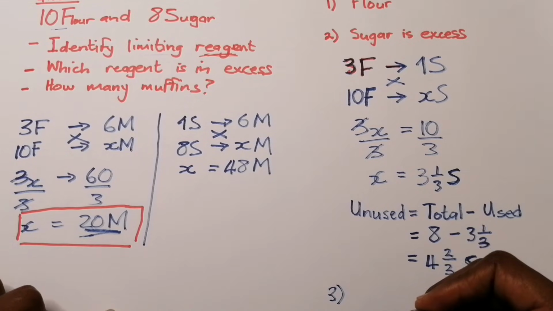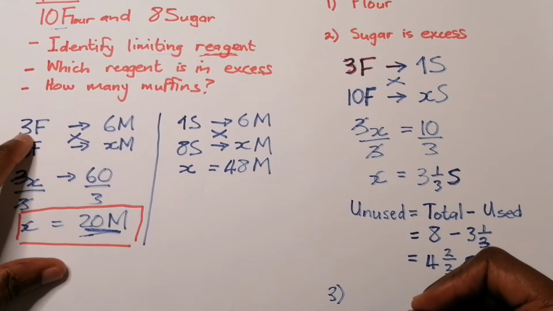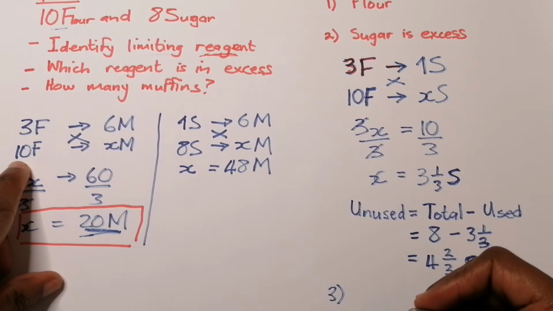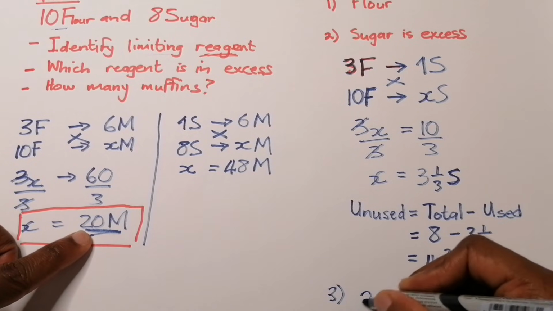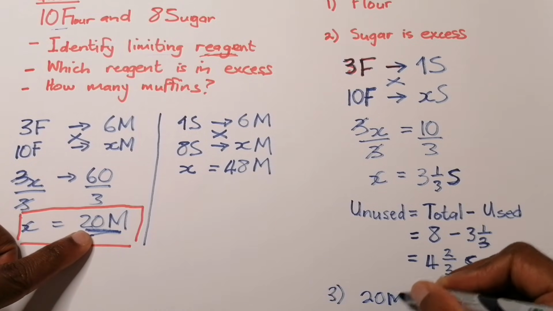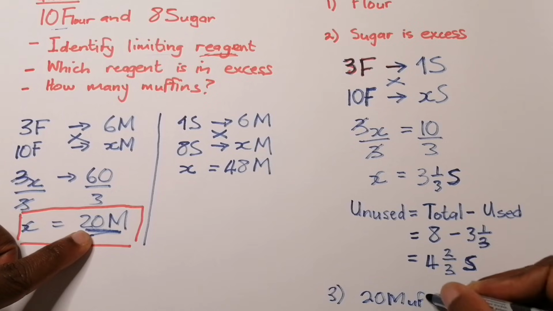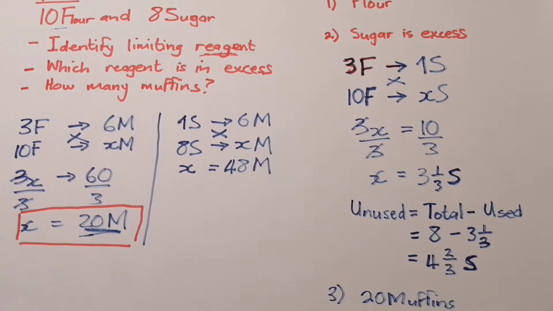You said to me for every 3 I'll use 6. So if I've used all of the 10, I will actually produce 20 muffins. That is how we will do that. I hope that makes sense, ladies and gents.